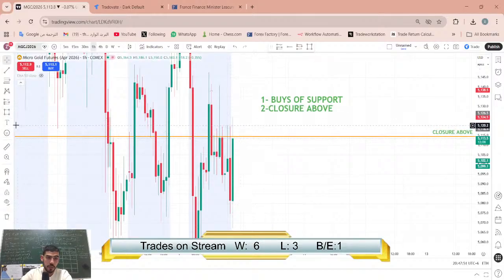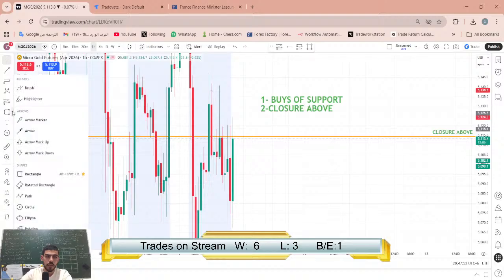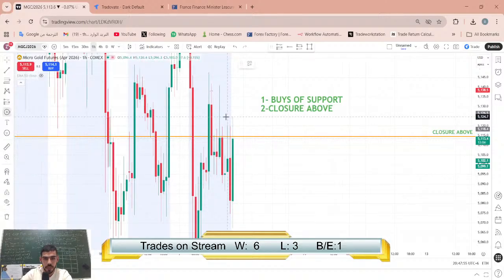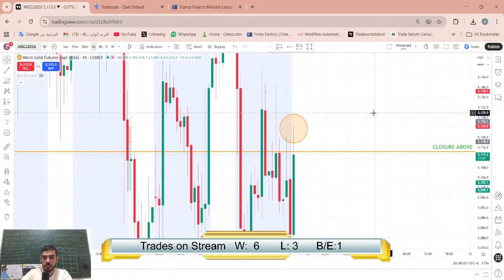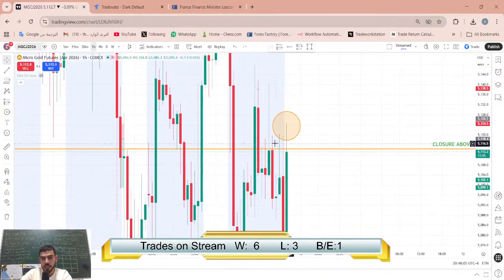If it closes below, that means gold has grabbed liquidity from here. Look at this, which will increase our chances of sells. Look at these wicks to the left hand side. 1, 2, 3, 4, and so on.